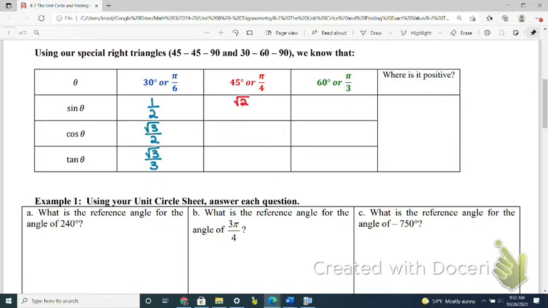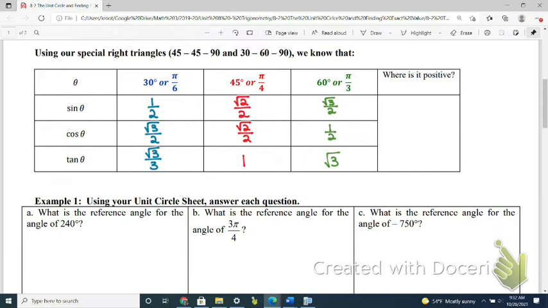That means the sine and cosine are both square root of 2 over 2, and the tangent will be 1. All of our 60 degree reference angles, or pi over 3s, have a square root of 3 over 2 for the sine, 1/2 for the cosine, and square root of 3 for the tangent.